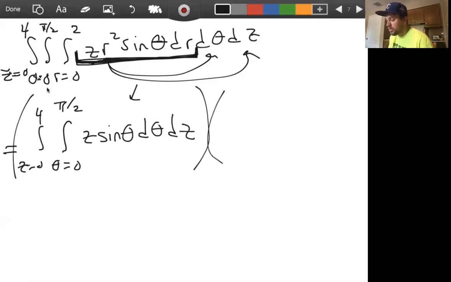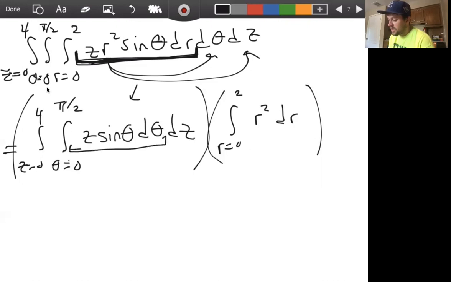times, because we pulled all of that out front, the integral r goes from 0 to 2 of r squared dr. We can do the same thing now, but just with theta and z. We're taking the integral now with respect to theta, and so anything with a z in it, we can pull out in front of the integral.